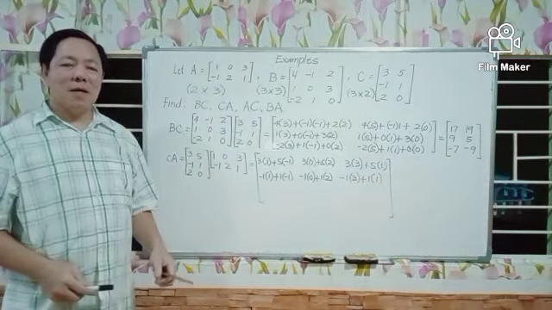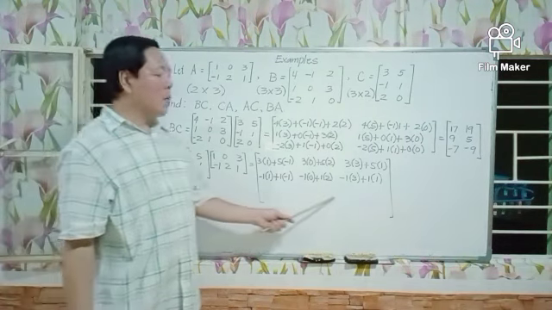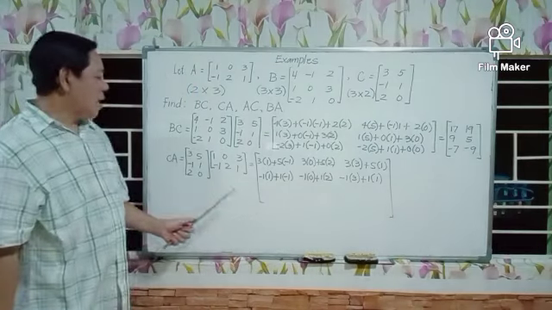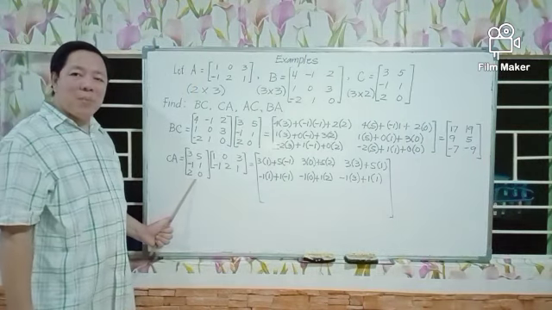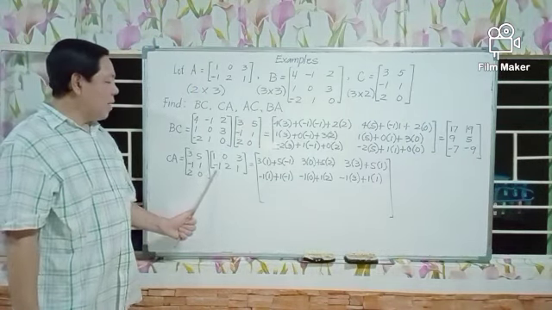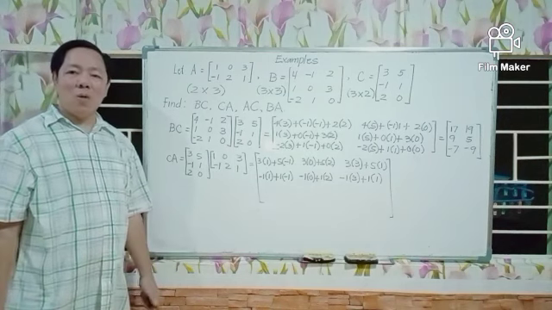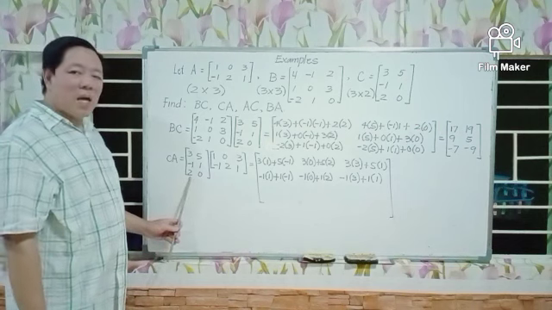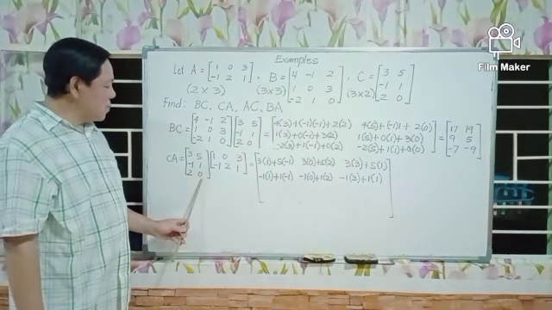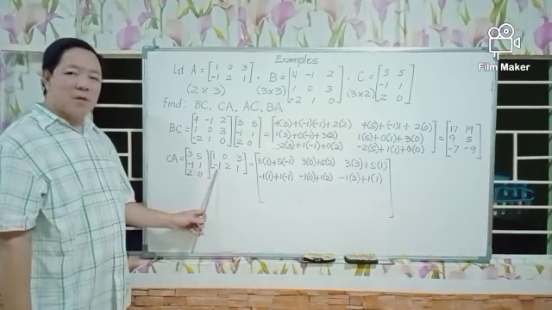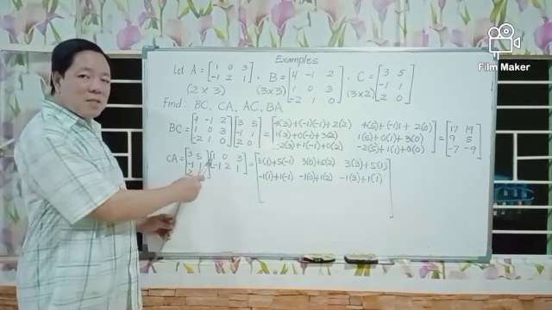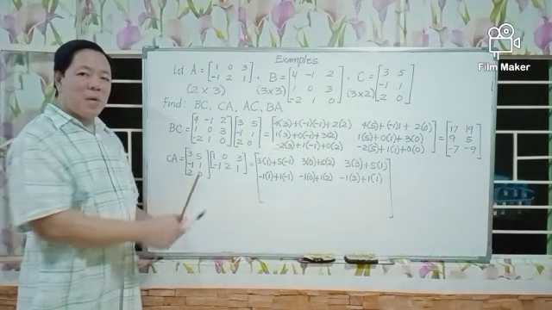Now we obtain the entries of the third row and last row of the product by multiplying the third row of the first matrix by each of the columns of the second matrix. We start by multiplying the third row of the first matrix by the first column of the second matrix. We have 2 multiplied by 0 plus 0 multiplied by negative 1.